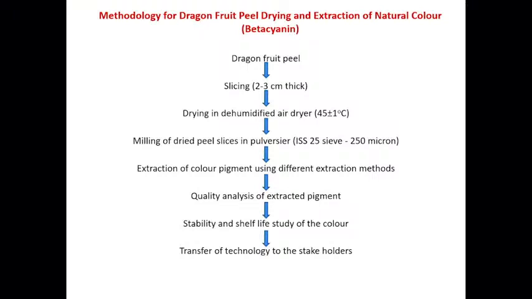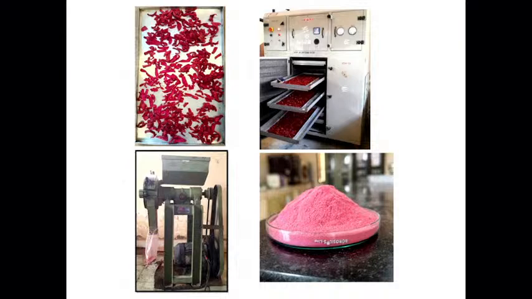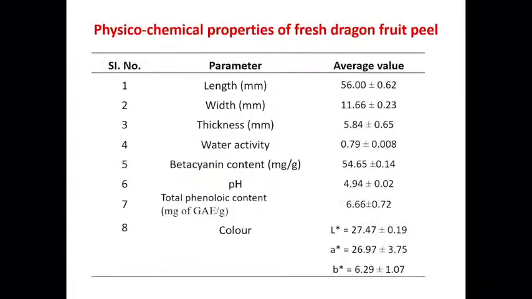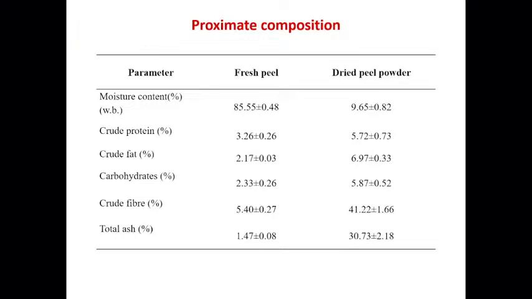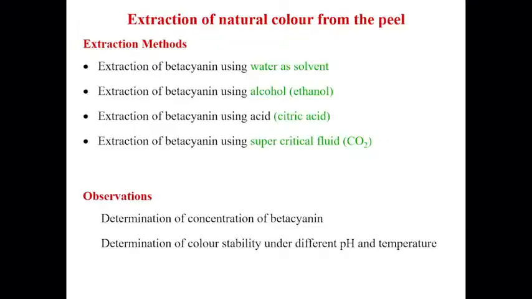This is the methodology we followed. The dragon fruit peel was taken and sliced to 3 mm, dried in a humidified dryer which was optimized, and milled in a normal pulverizer. Physicochemical properties and approximate composition of fresh peel and dried peel powder were measured.